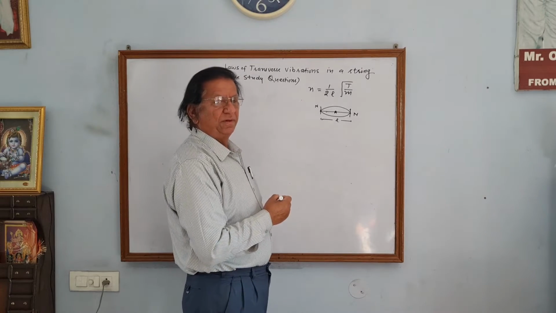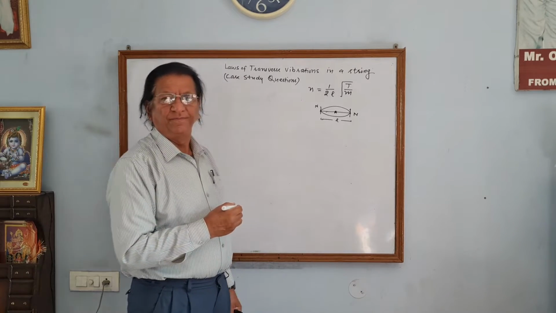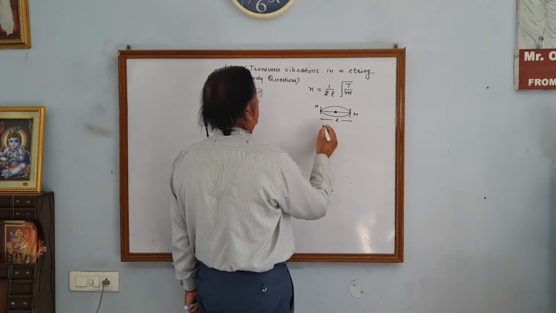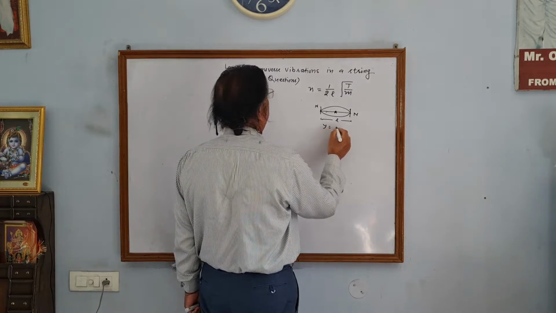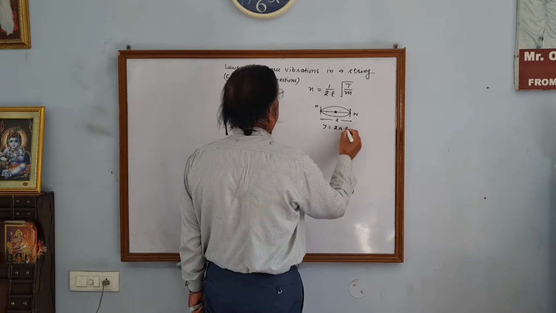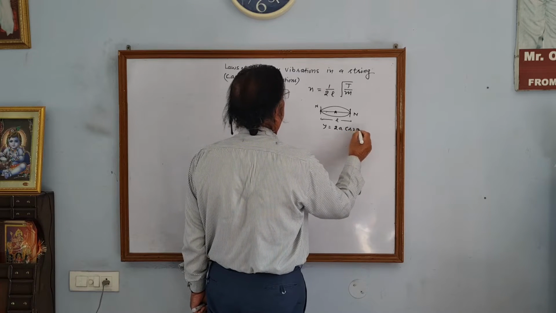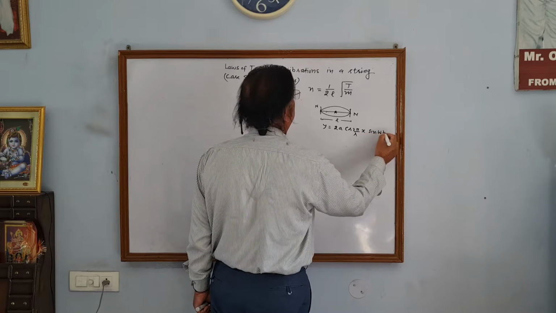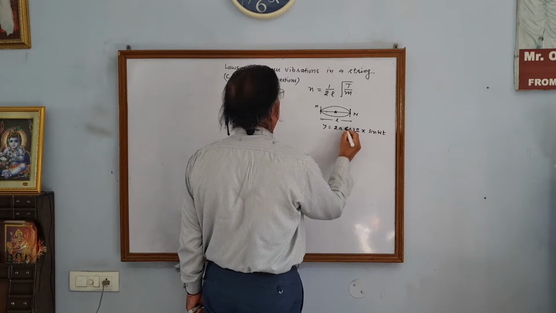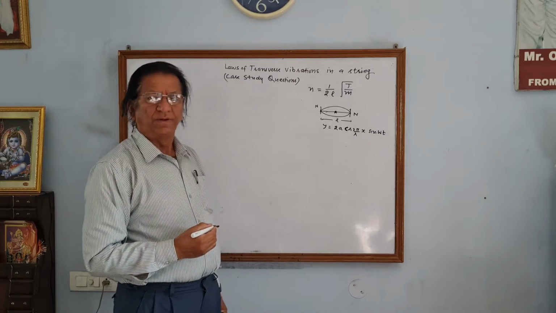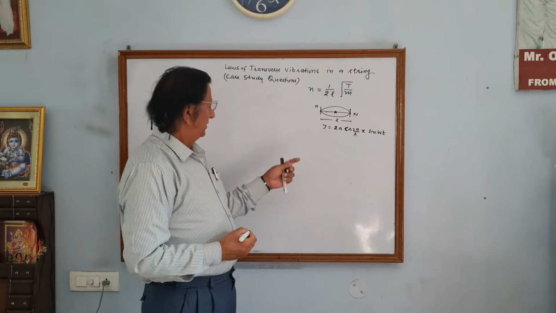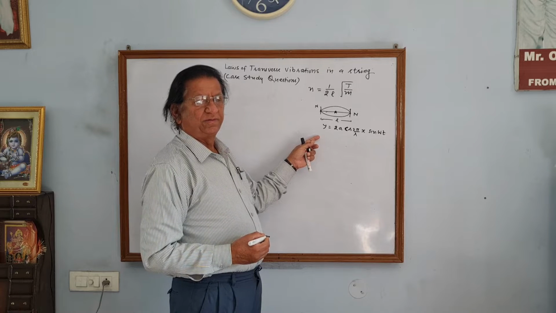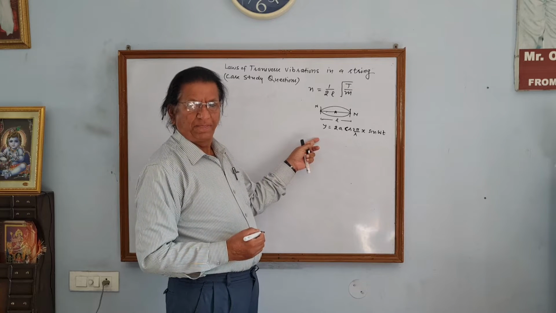This is a case of standing wave. The equation is given by 2a cos(2π/λ · x) sin(ωt). This is the resultant wave, the expression for standing wave.